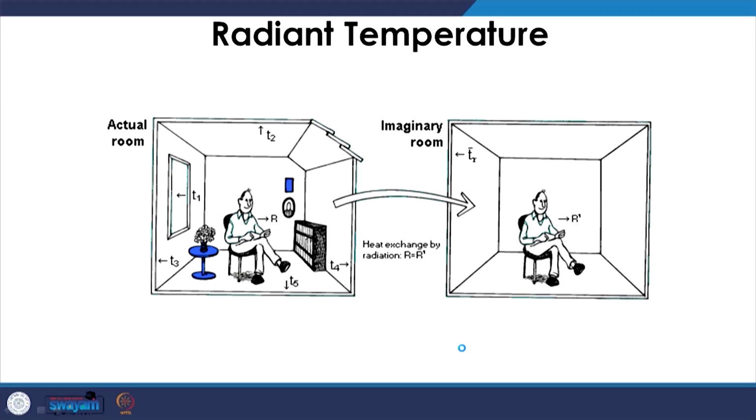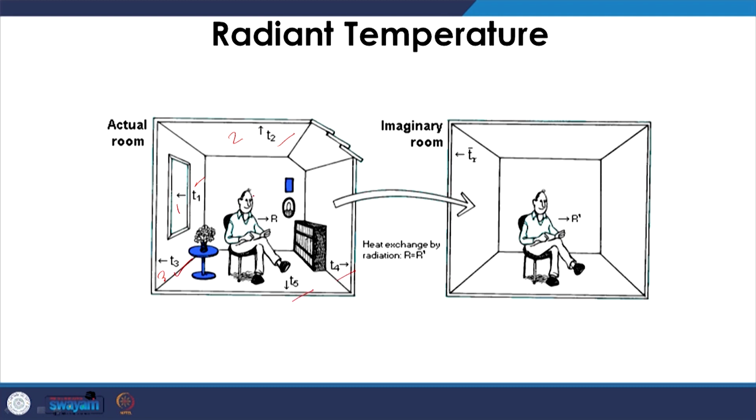Now, if we have to explain the radiant temperature very simply through this image, we can assume that the occupant is surrounded by different surfaces, say surface 1 at a different temperature, surface 2 at a different temperature, surface 3 at a different temperature, and so on.